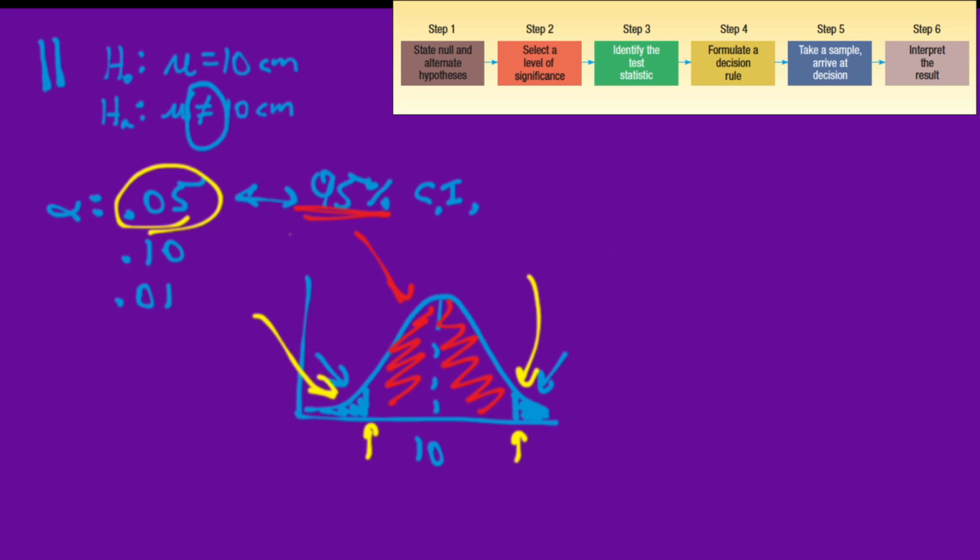It depends on how precise we want to be with our production of chopsticks. Maybe we're a little loose about it. We don't care if it's off a little bit. Those are decisions you have to make, but you want to make them before you actually take the sample. This is the time in which you should be deciding what level of significance is enough evidence to reject the null.